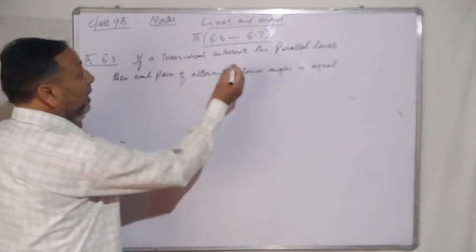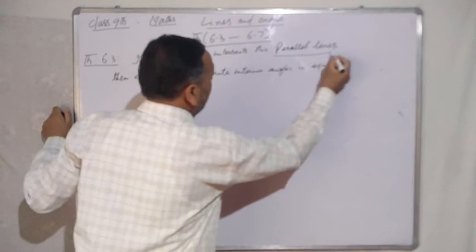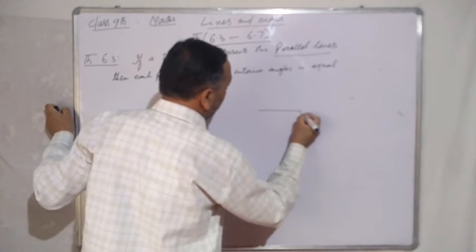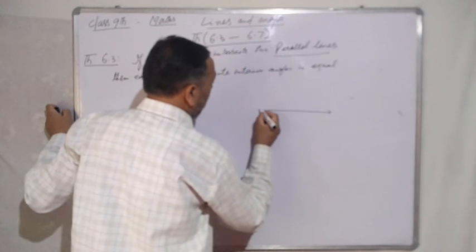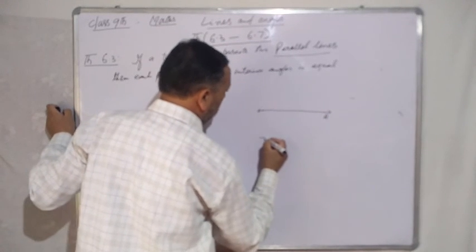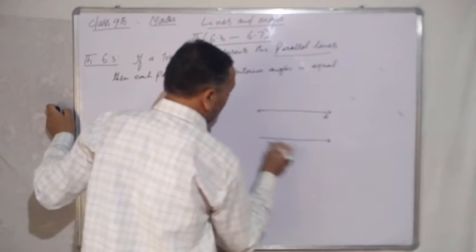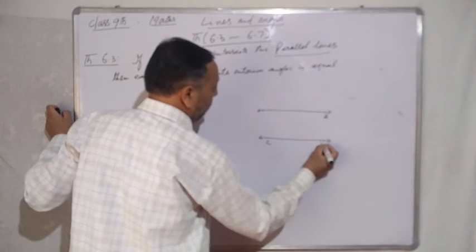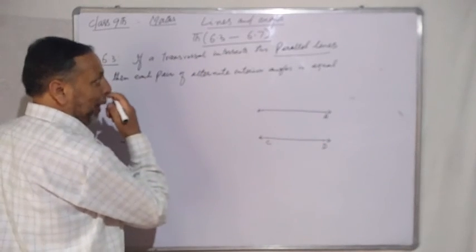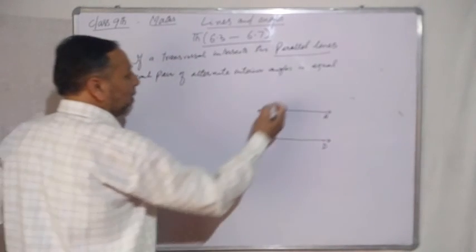If a transversal intersects two parallel lines, here two parallel lines are given. Let me draw a diagram here. Let AB and CD be the two parallel lines intersected by a transversal.